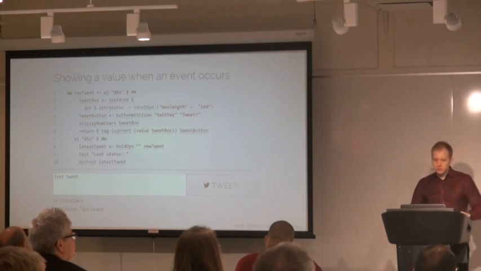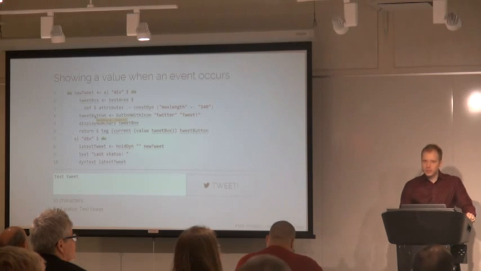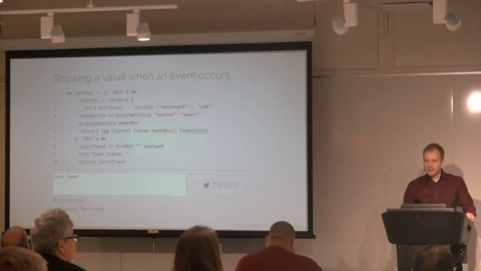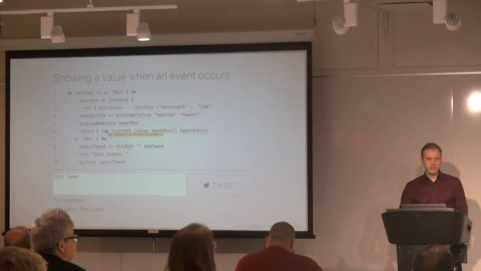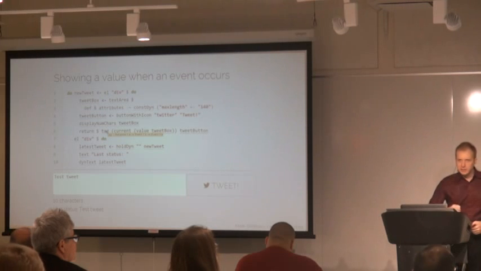All right. So we take that tweet button, and it's only got a unit inside, and that's not terribly useful. So what we need to do next is actually give it the correct value, which in this case is the value of the tweet. So we use this function called tag. And you can think of it like the event is running by, and it just grabs this value.